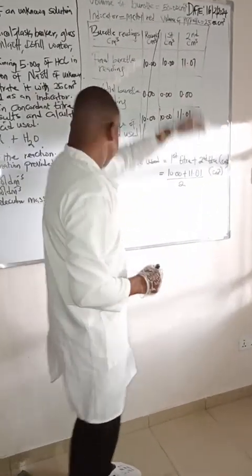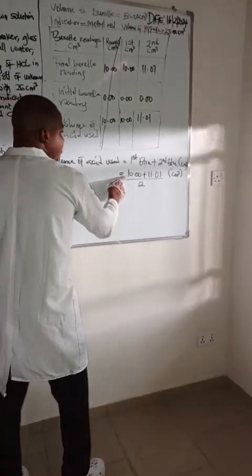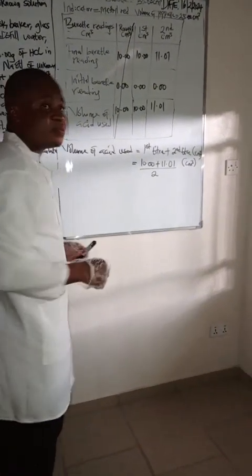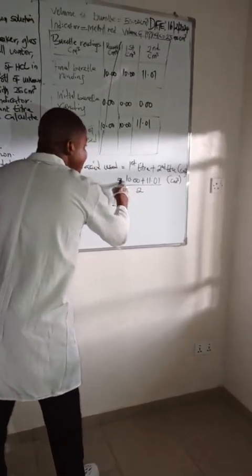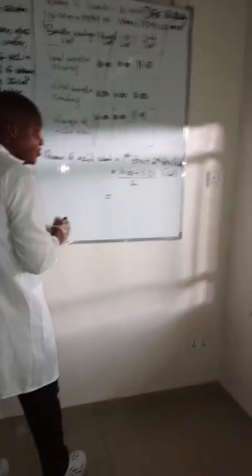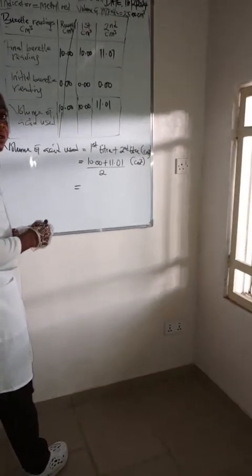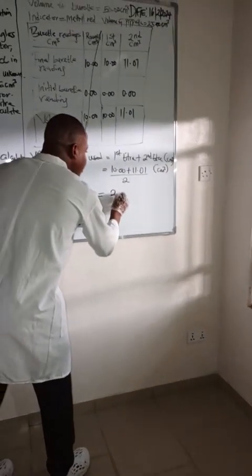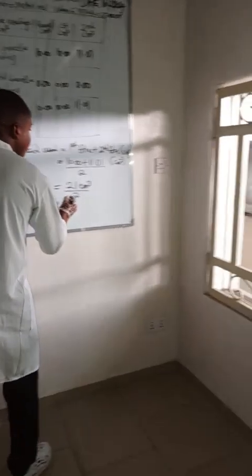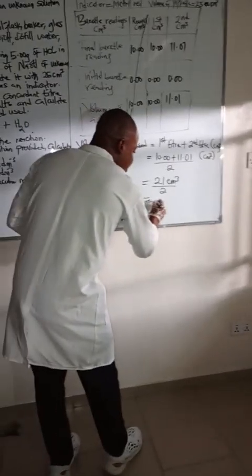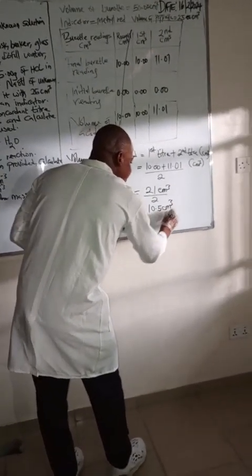Are you following? Yes, sir. So now, you have a calculator, help us. 10.00 plus 11.00, what do we have? 21 cm cube divided by 2. That is 10.5 cm cube.